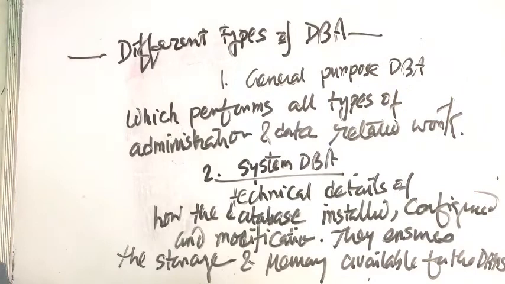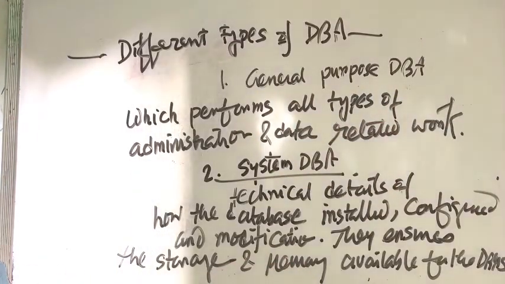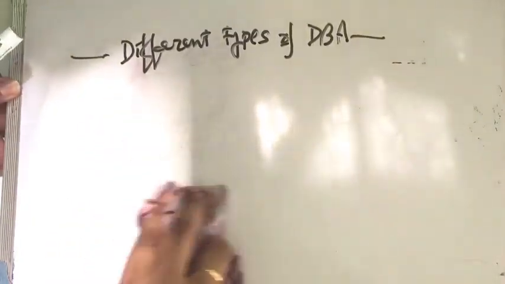They ensure the storage and memory available for the DBMS. So this is the system DBA, handling system related operations: how the database can be configured, how it can be installed, and modification or troubleshooting, such kind of operations performed by this technical DBA.